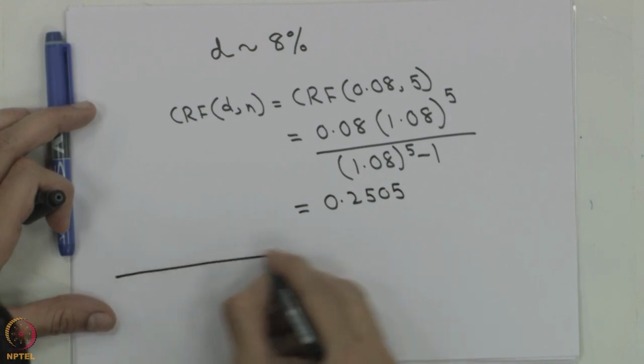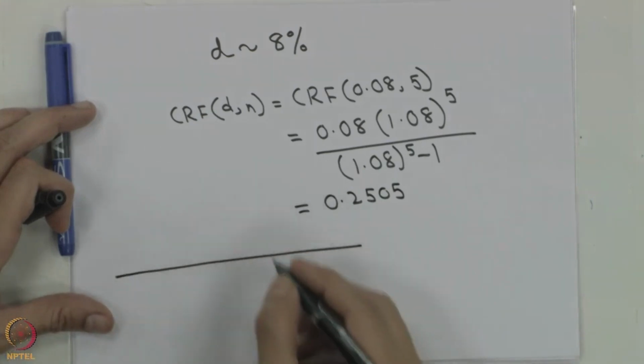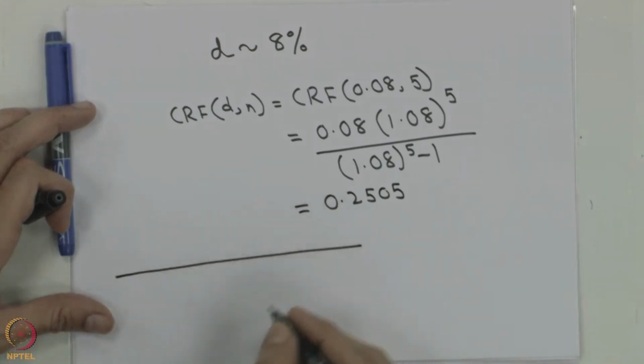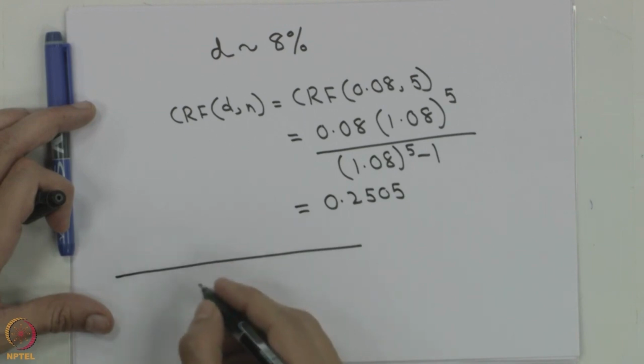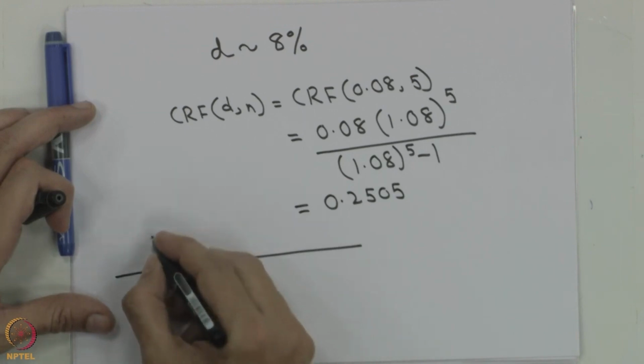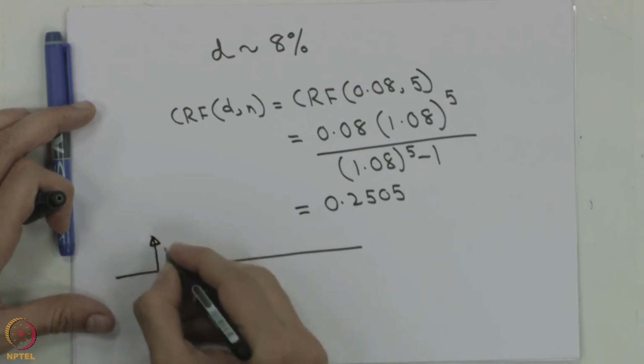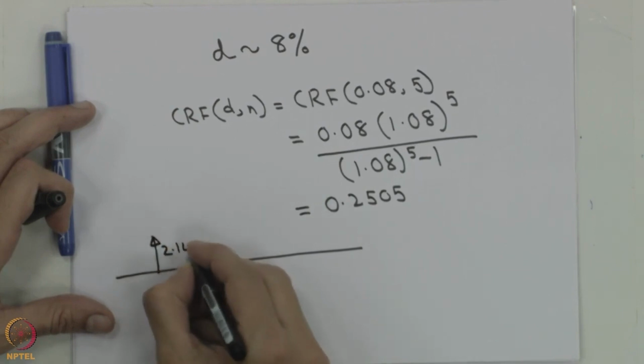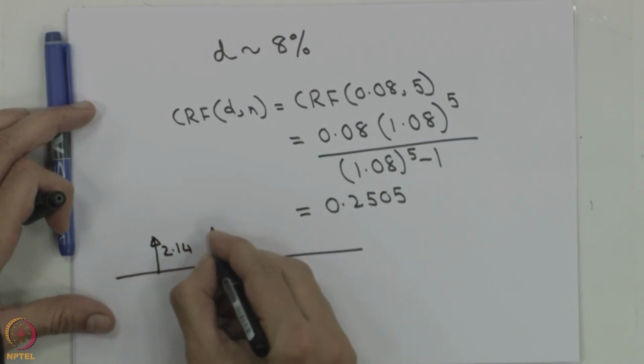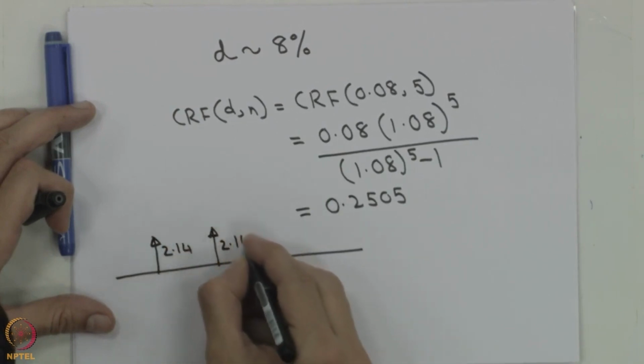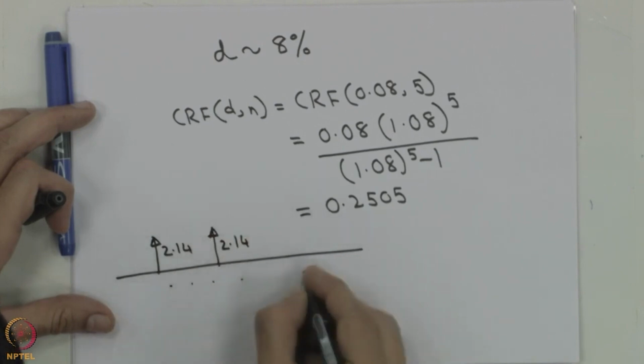Now, when we look at the loan repayments, we are repaying 2.14 lakhs each year for 5 years.